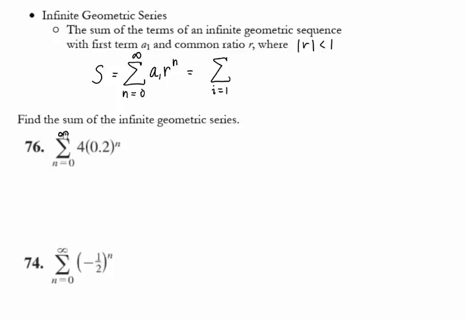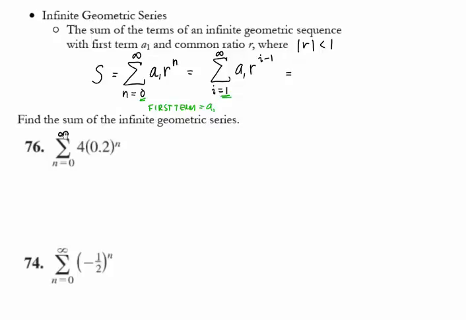So now we start at 1 instead of 0, still go up to infinity, still start with the first term a1, but raise the common ratio to the power i minus 1. Of course, i and n are interchangeable. The important thing is that when you start here at 1 or at 0, the first term of the series is a1. So that's an important thing to notice.